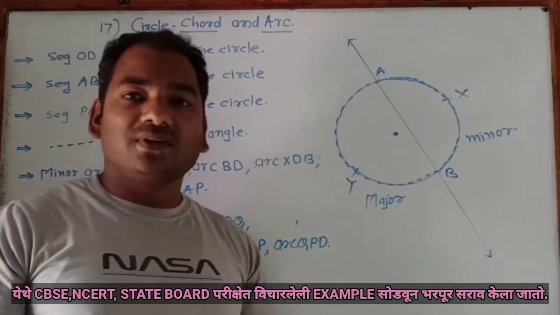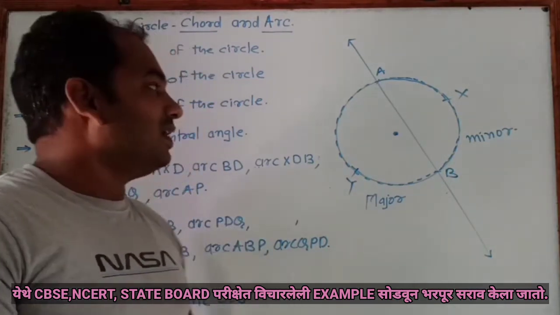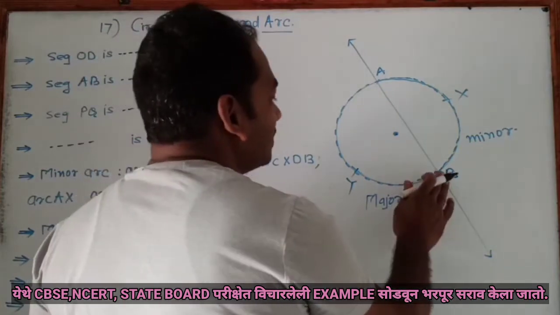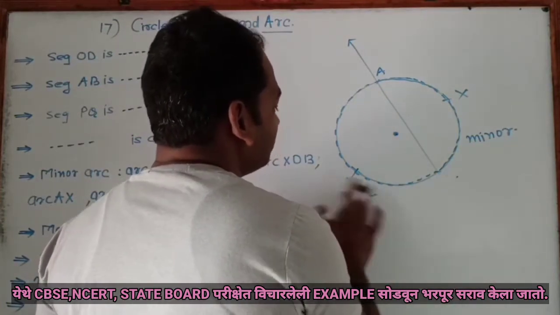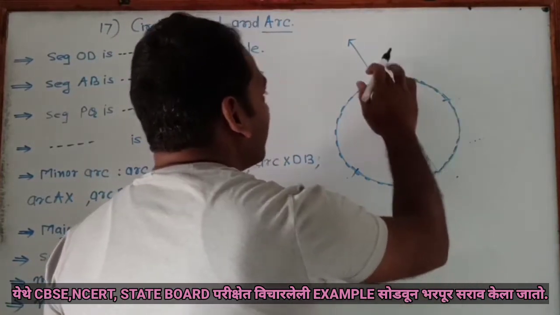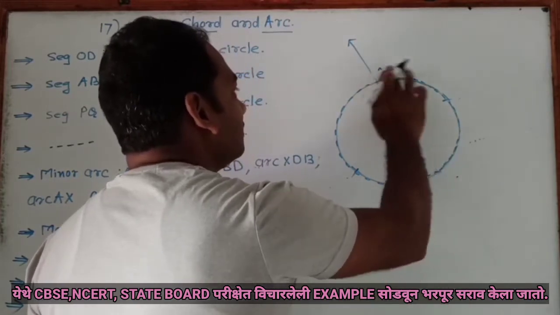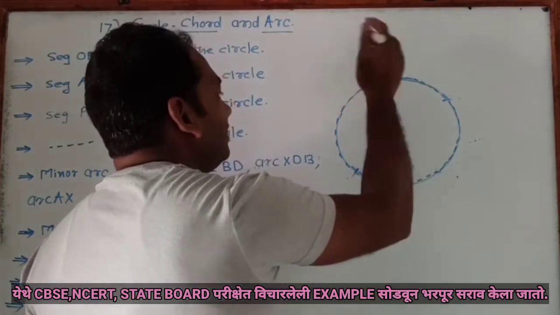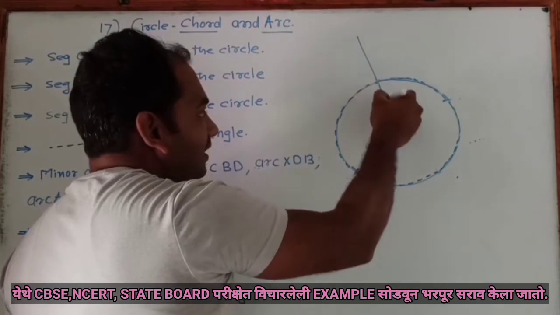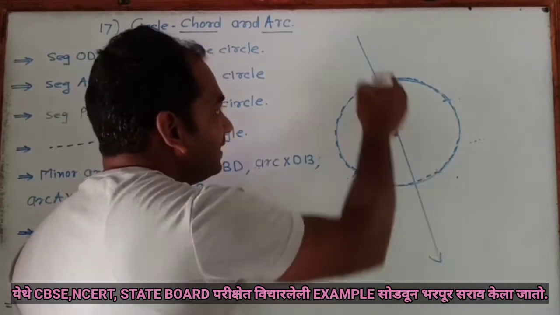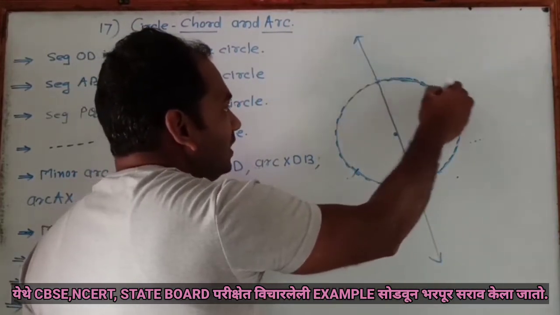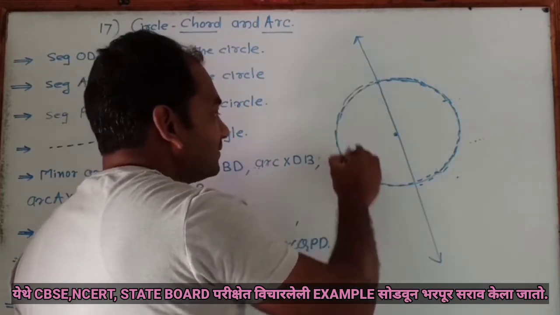Now, there is one question we think here. If the secant is passing through the center of the circle, we get two equal parts of the circle like this.